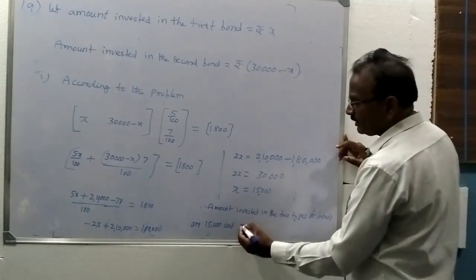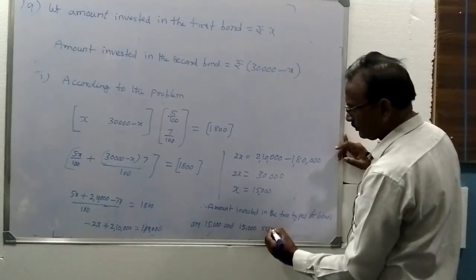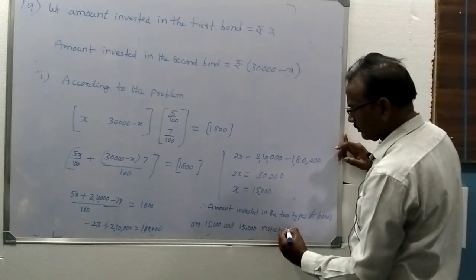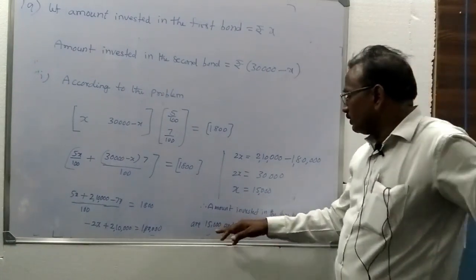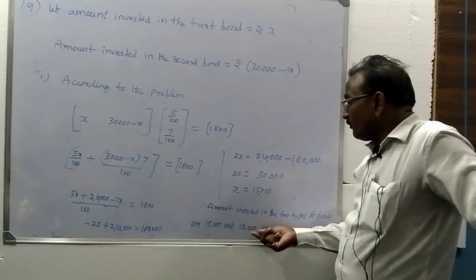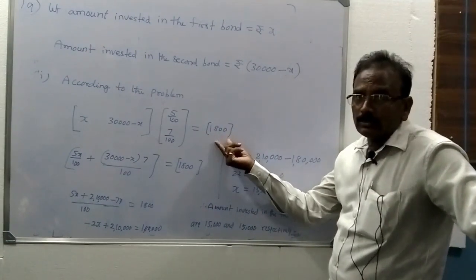So 30,000 minus 15,000 is again 15,000 respectively. So the amount invested in the first bond is 15,000 and the amount invested in the second bond is 15,000. So we get the annual interest as 1800 rupees. So that is the question.